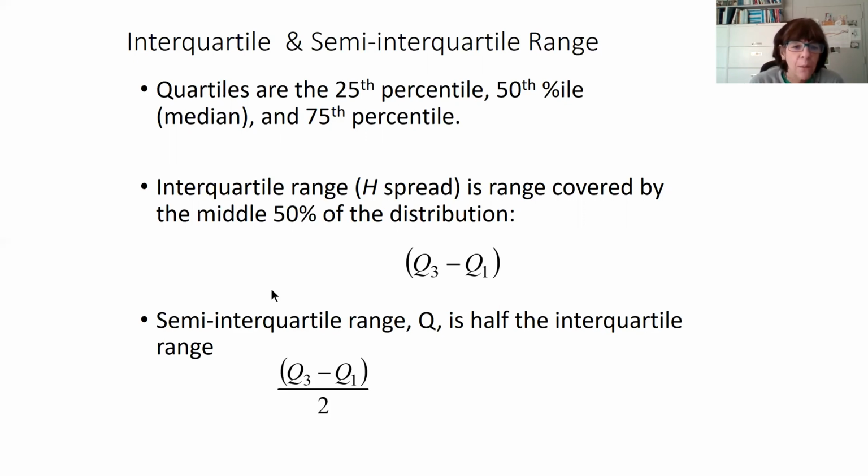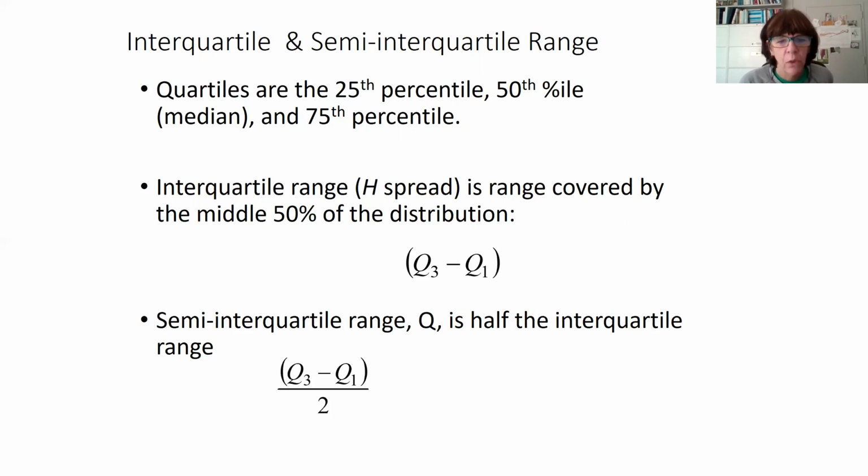There are terms that we sometimes talk about, which are the interquartile range, also known as the H spread, which is kind of like a mini range. It is the distance between the third quartile and the first quartile, or the middle 50% of the distribution.